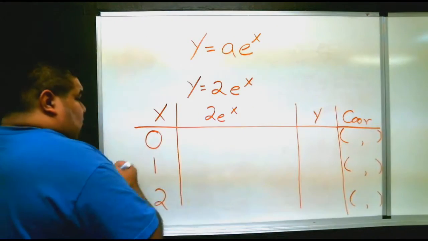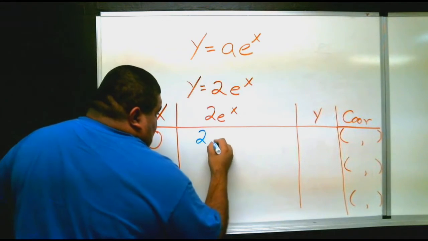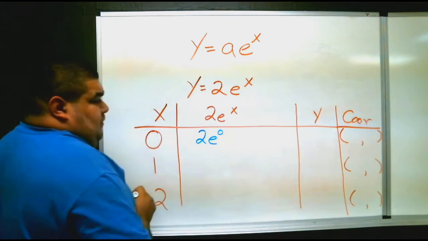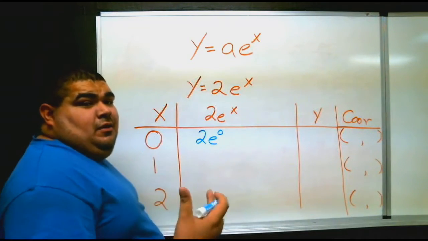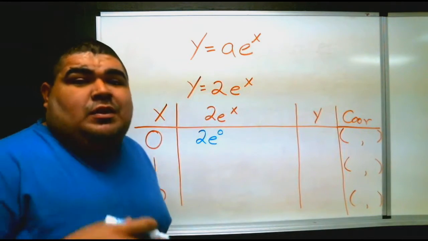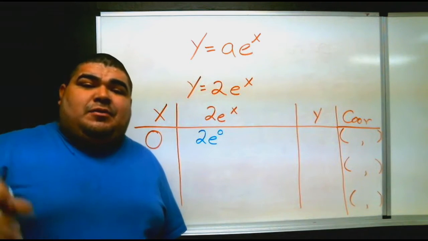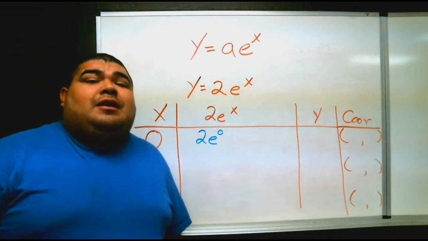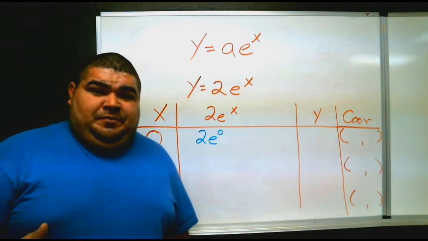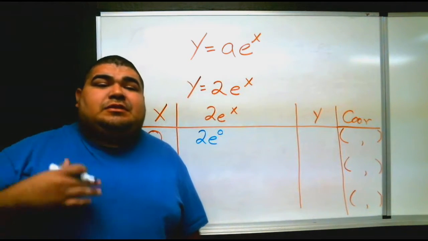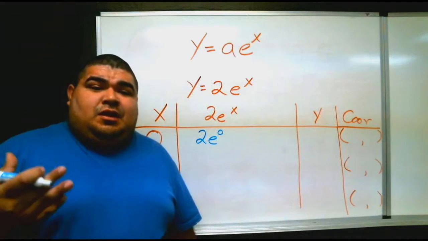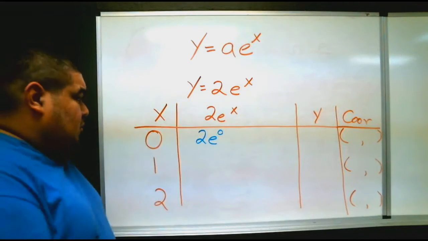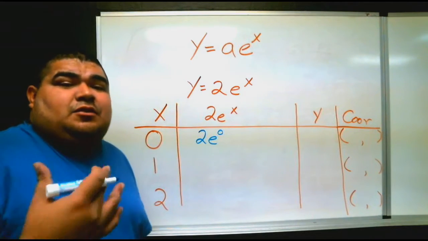So if we have 2e to the 0 power, e to the 0 power becomes 1, because anything to the 0 power is 1. 1 to the 0 power, 5 to the 0 power, a million to the 0 power is still just 1. Pi to the 0 power is the same thing, even with e. When it comes to the first power, once we get there, it's another story.